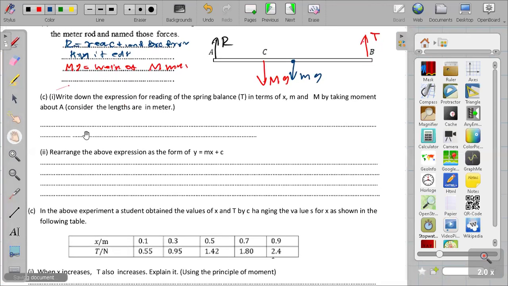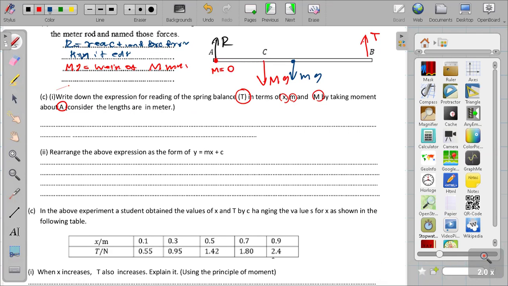Now write down an expression for the reading on the balance T in terms of x, m, and capital M, taking the moment about A. Consider the length as 1 meter. When you take moments around this point, you consider the moment at that point to be 0.